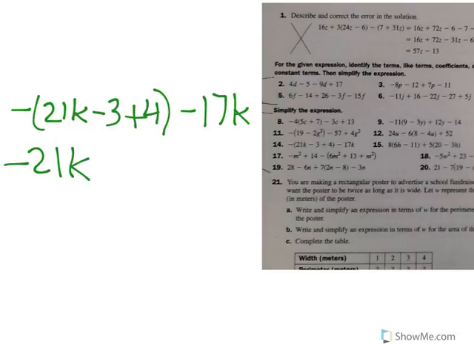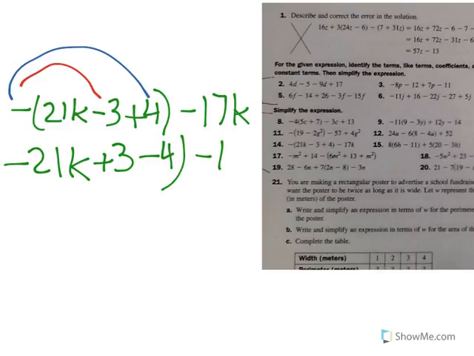And then, because there's a negative both here and here, we can actually just change that into an addition problem. If you remember that thing about how when you have two negatives, you can make it into a positive. So it's going to be plus 3. And then you've got to take the negative here of 4. So minus 4.